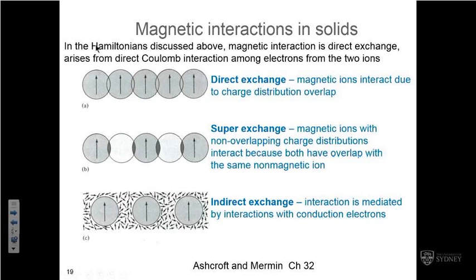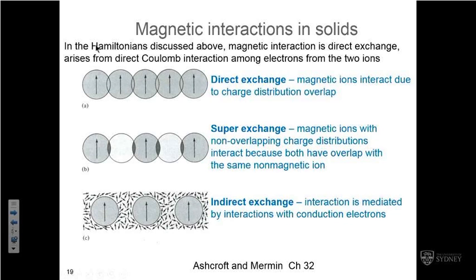You can see they're overlapping, so they're interacting directly with each other, hence the word direct. There's another terminology called super exchange, where you can see quite clearly, I think, what that means. It means these atoms with spins are interacting with each other, but via a non-magnetic atom, okay? So, but you can still see that these atoms' wave function is interacting with the non-magnetic atom, and so is this one's, and it's through this atom that the interaction occurs.